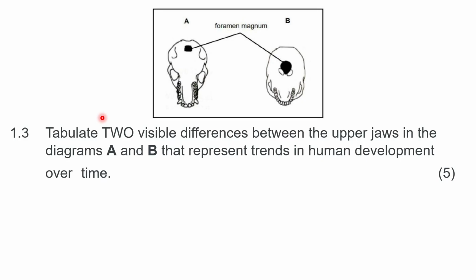So let's see, what can we see there that tells us that there's more development that took place in the one organism? If I compare the two, I can see, like I've already mentioned, that there are large canines, whereas in these ones there are no canines, or smaller canines.